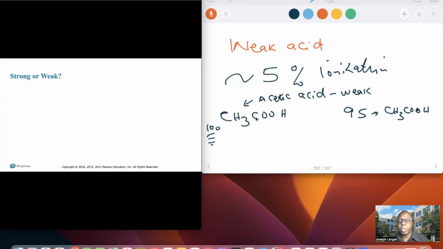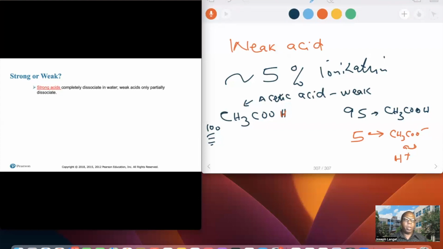It doesn't dissociate, it doesn't ionize. It doesn't split to produce the hydrogen ion, whereas 5% will produce CH3COO negative and hydrogen ion. That's what is meant by ionization, or 5%. It produces the conjugate base, the conjugate acid. That's the difference between a weak acid and a concentrated acid, a weak base and a concentrated base.